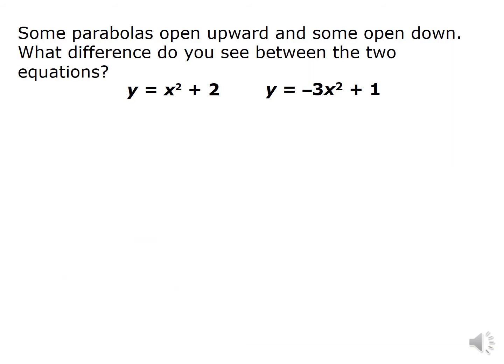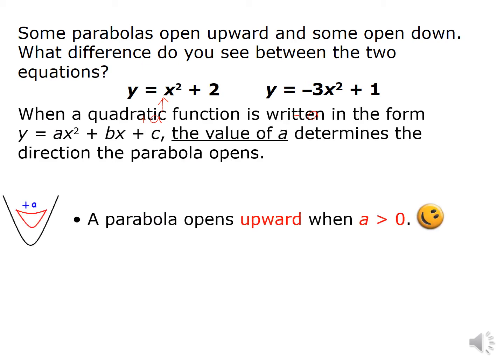Some parabolas open upward and some open down. So what's the first difference you see between these two equations? Hopefully what you notice is that a is positive here and a is negative here. So when a quadratic function is written in the form y equals ax squared plus bx plus c, the value of a determines the direction that the parabola opens.